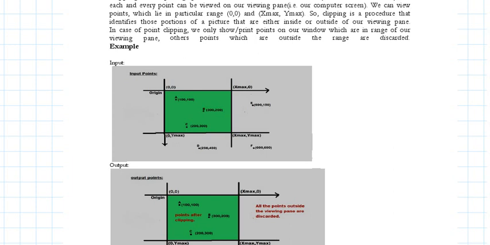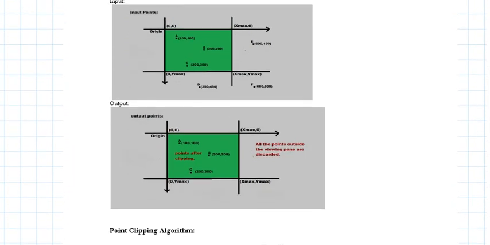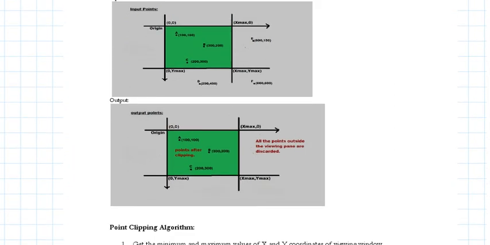So if you are looking at your outside world through this green viewing window, you can from observation say that only the points A, B and C will be visible. D and F are outside the purview of the viewing window.